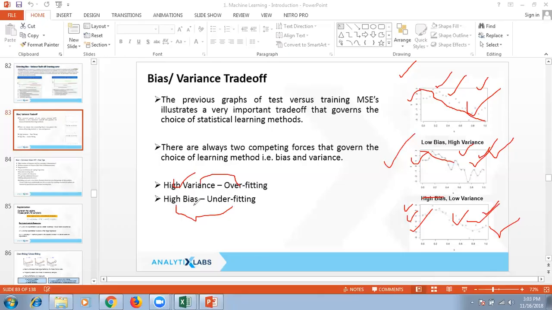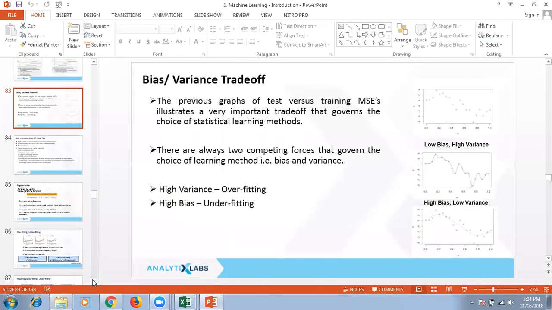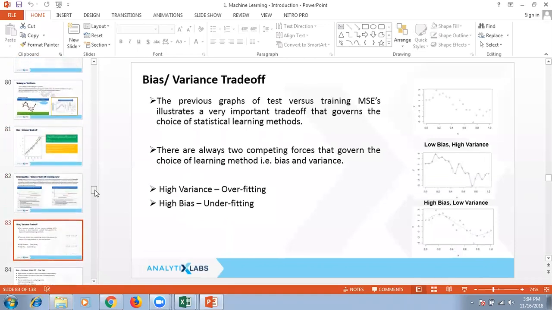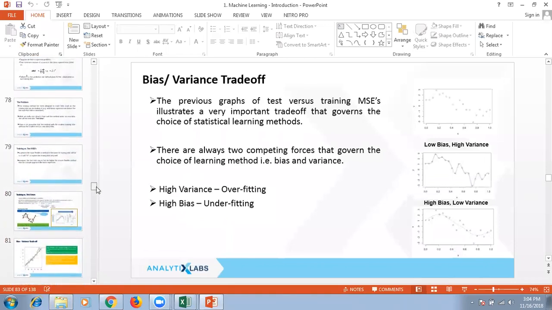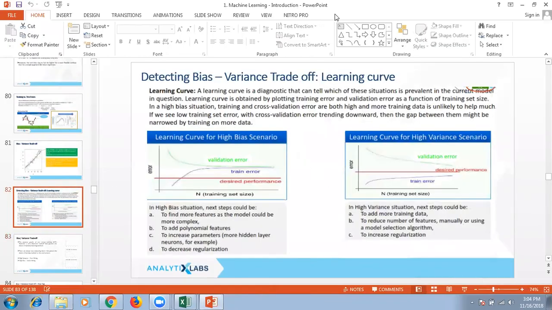So let me show you the example. If you look at this one, what does this tell me? My model complexity is increasing, and when I say model complexity increasing, that is nothing but high variance.